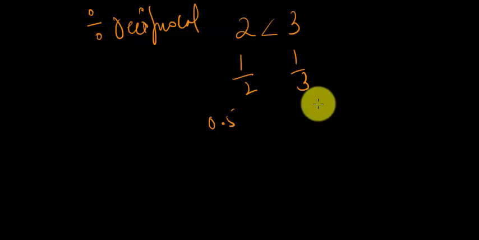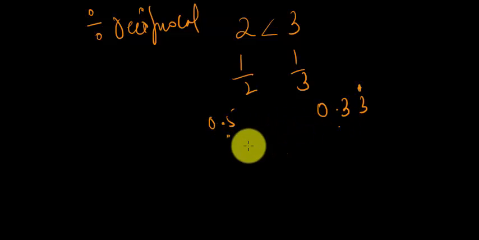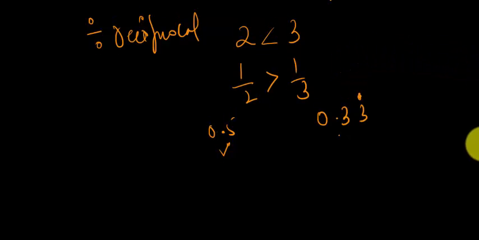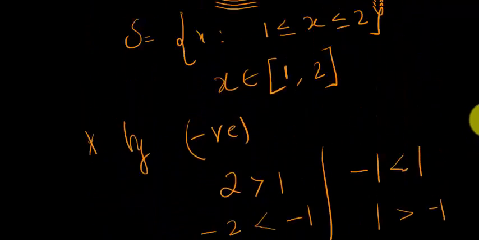But 1/3 is 0.33, a recurring decimal, so I put a dot on it to indicate that 3 is going to be repeating again and again. So 0.5 is obviously greater than 0.3. So when you're taking the reciprocal, be very careful. You have to change the inequality.